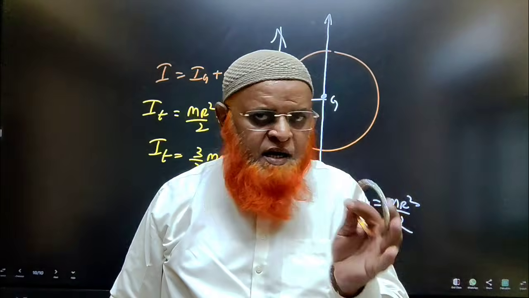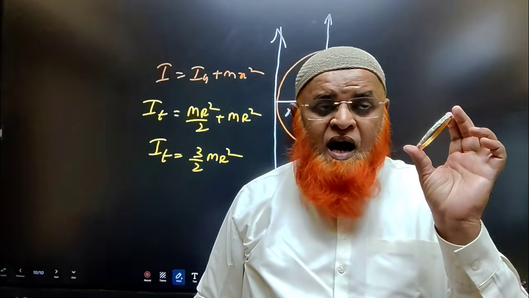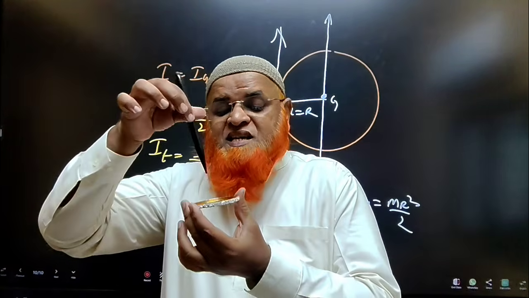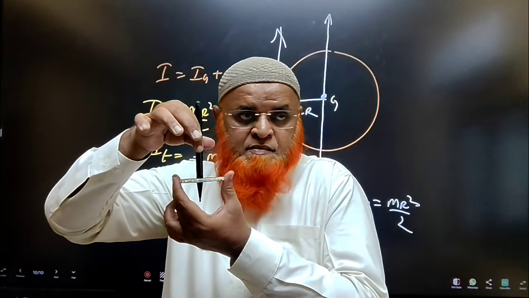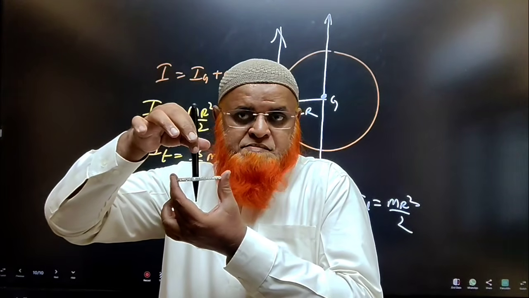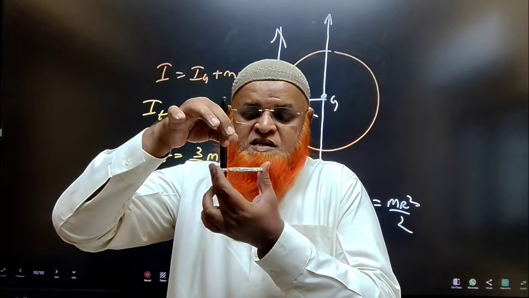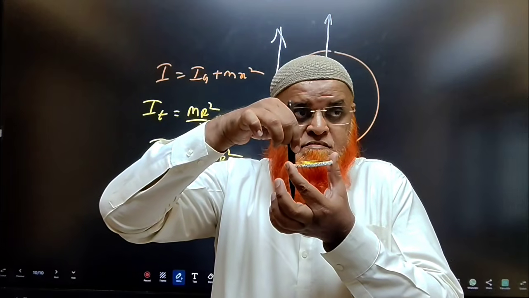Now if you take a ring, how many formulas have you learned from this ring? I'll repeat this and you have to tell me now. What is the formula for Ig? mr square, yes. With this, 2 mr square.